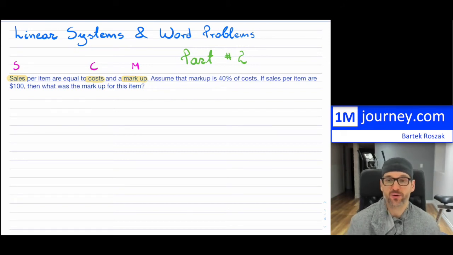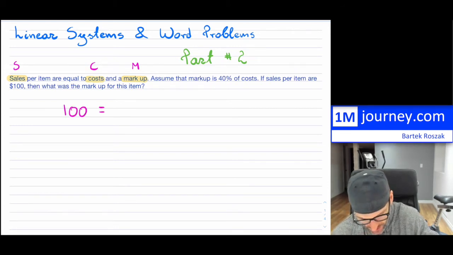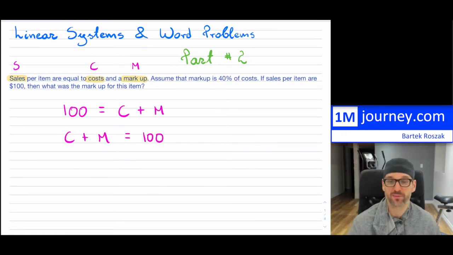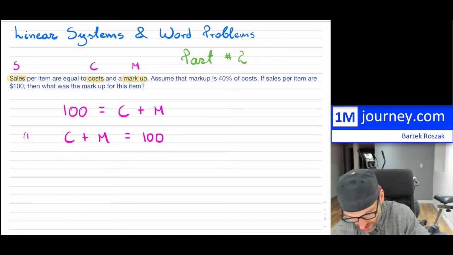From that first sentence, sales are $100, so we have $100 is equal to costs plus markup, or you can rewrite this as cost plus markup is equal to the sales of $100. How you write it is up to you, but this is our first equation.